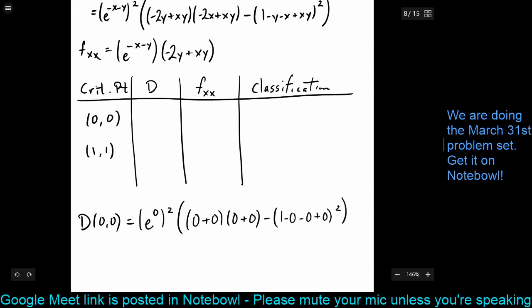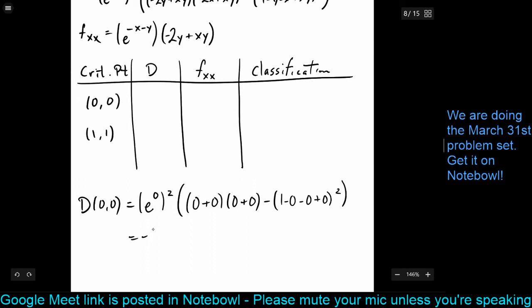So if you look at this, right, this whole part is 0. This whole part becomes negative 1. This is just 1 squared, so this is actually negative 1. So d is negative, so we don't care what fxx is because we know this has to be a saddle point. Right? Anytime you have this D, this determinant of the Hessian being negative, it's immediately a saddle point.